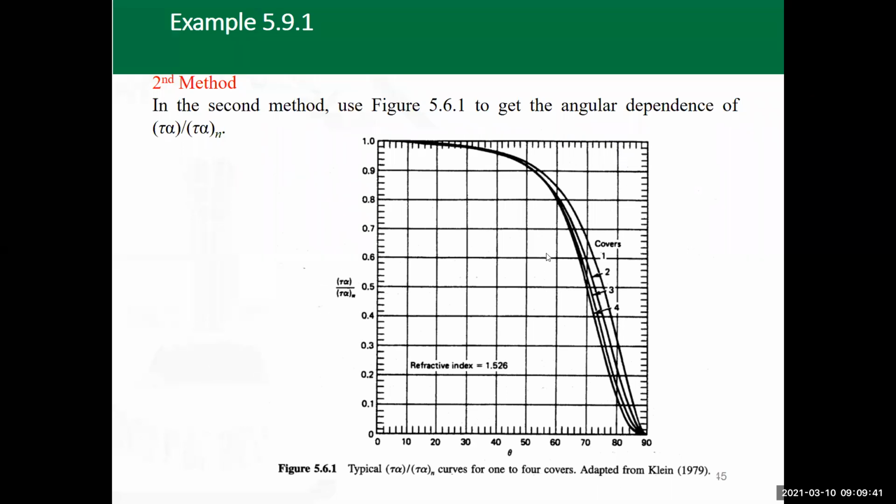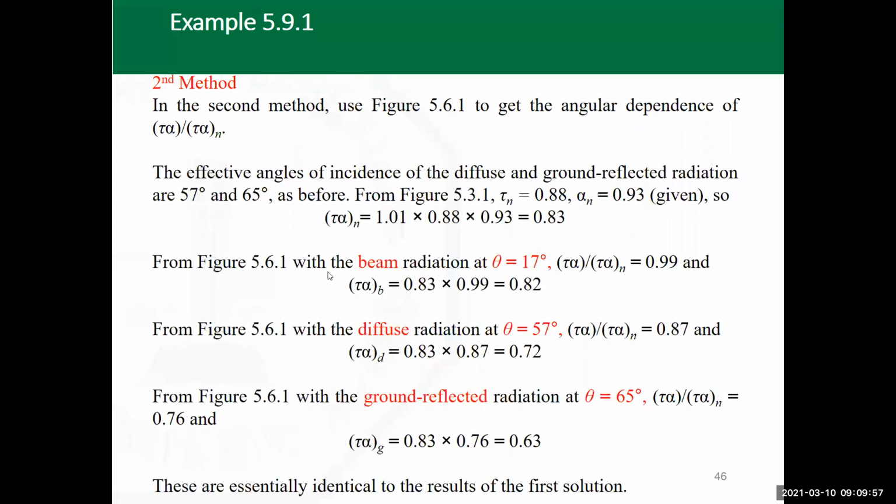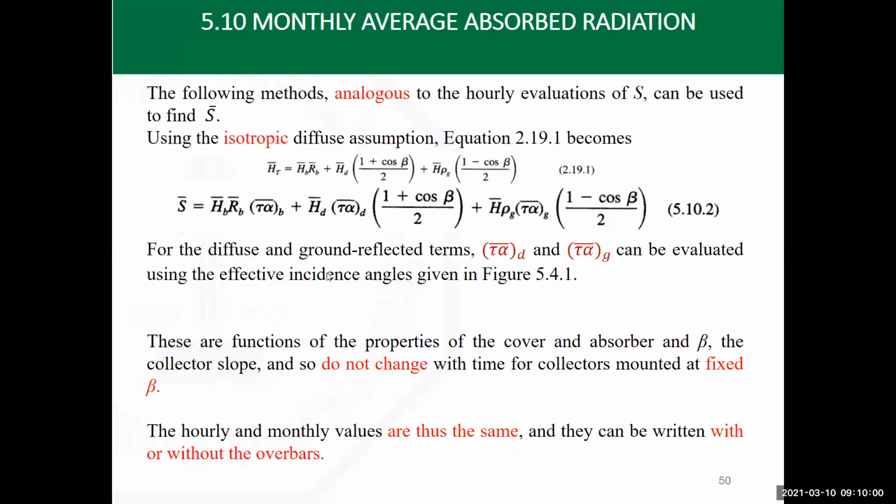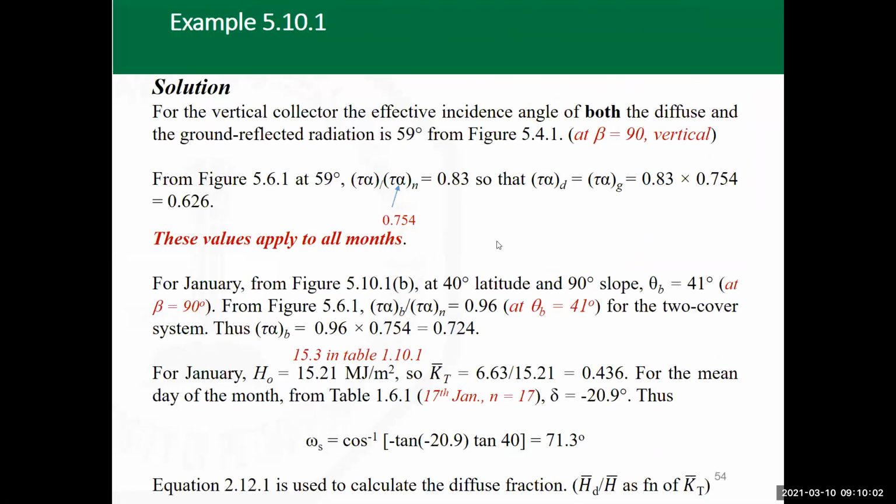From 59, construct a vertical line, and at the intersection you get the value of the ratio, which is basically 0.83. Multiplying tau alpha over tau alpha n by tau alpha n, you get 0.626.